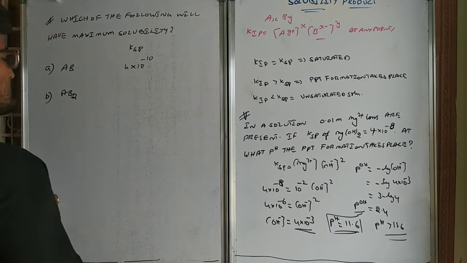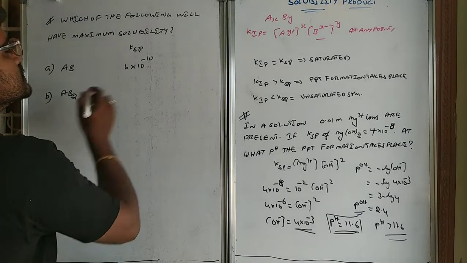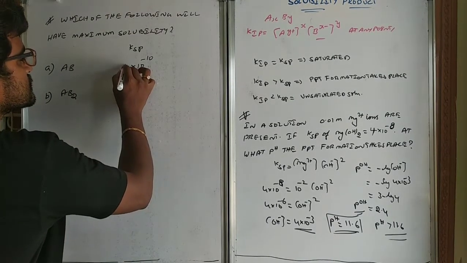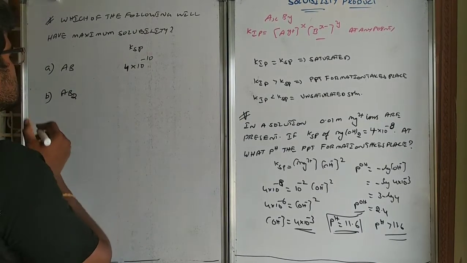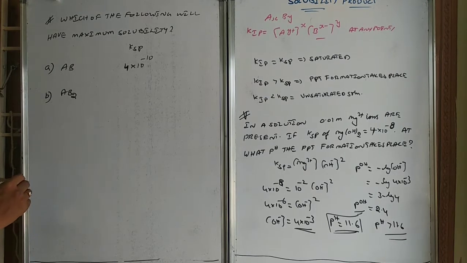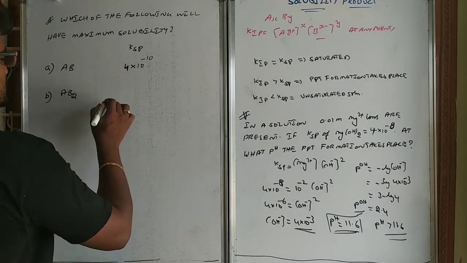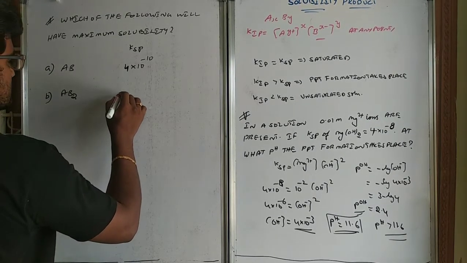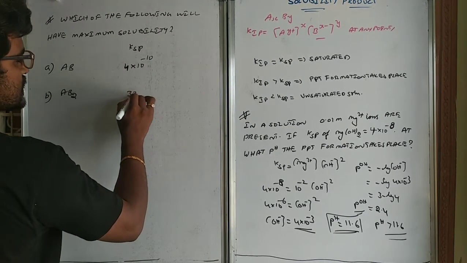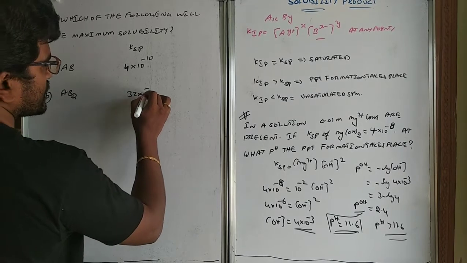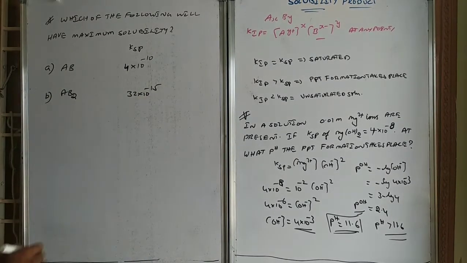Option B, AB2 salt with Ksp 32 into 10 power minus 15.